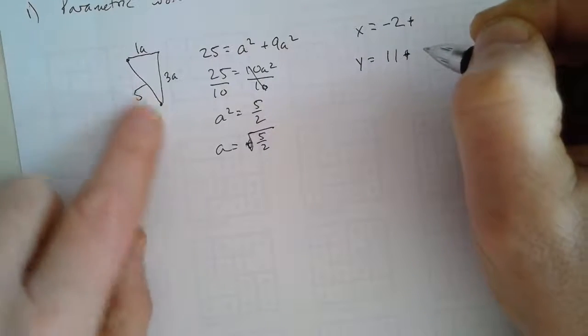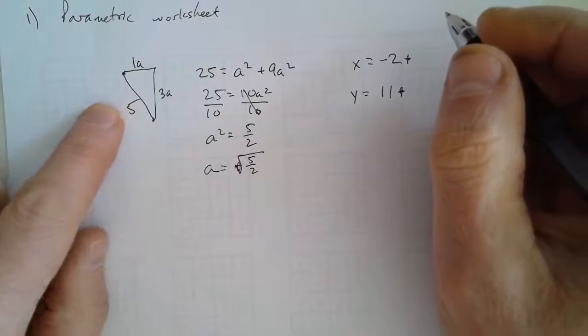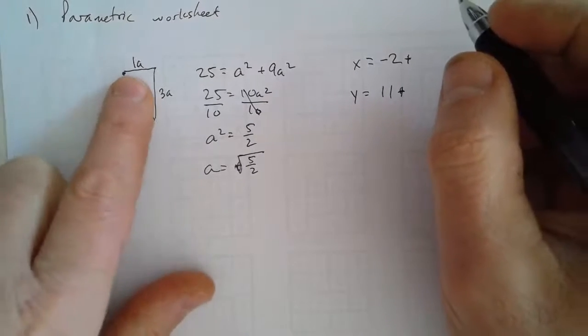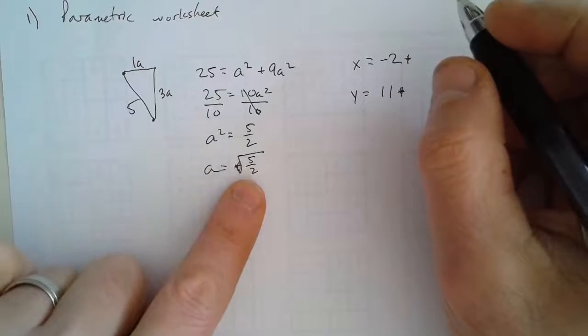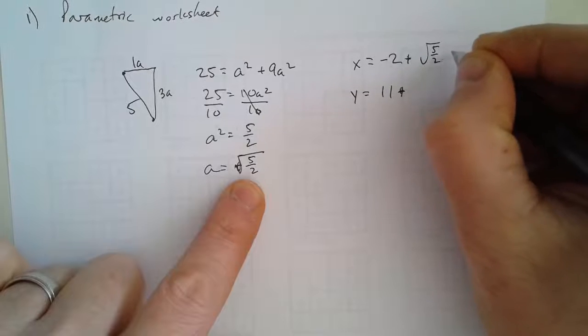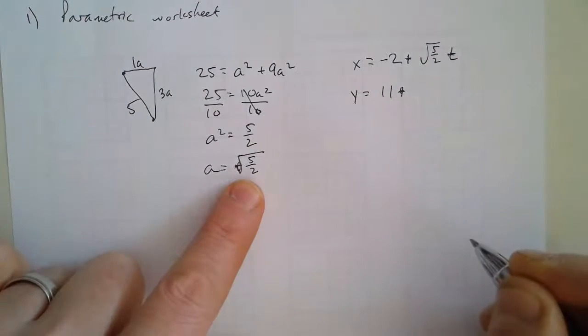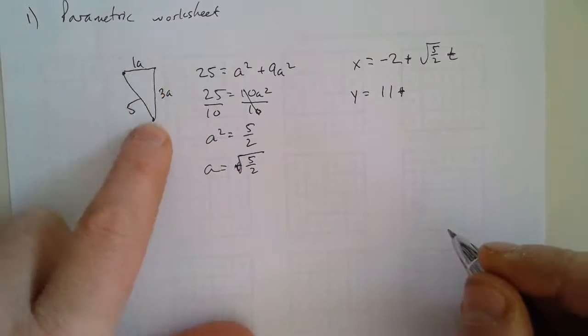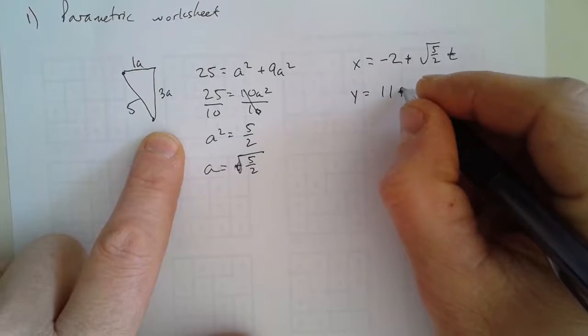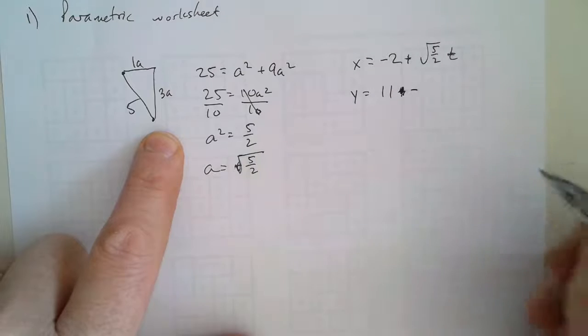This 5 was not the x component or the y component, that was just our speed. We've just figured out what our x component is: 1 times the a value there, root 5 over 2, times t. And we can see what our y component is. In this case, it's going down, so I can follow that line, so I'll make that a minus there.